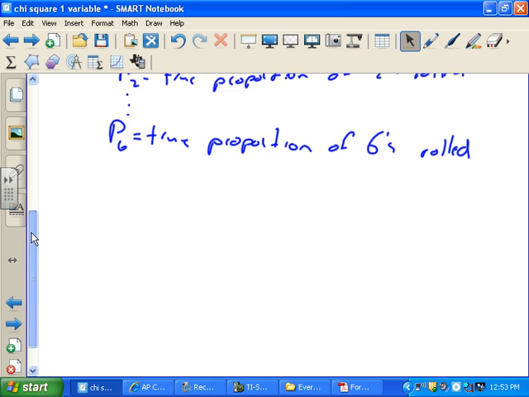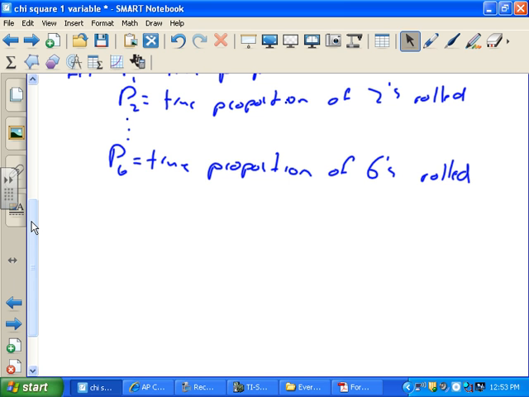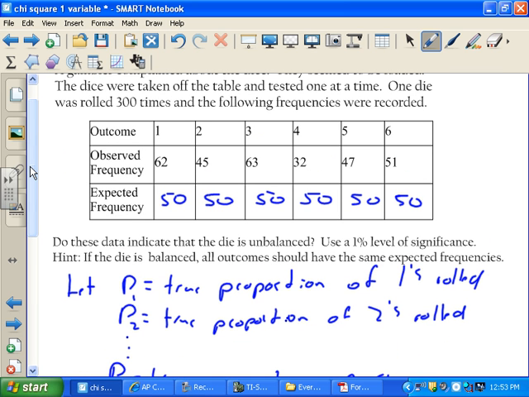Step 2, and your null and alternative hypothesis will sometimes change. In this case, and I'm going to do another example in a second, the question that we're talking about is, does this data indicate that the dice is unbalanced?